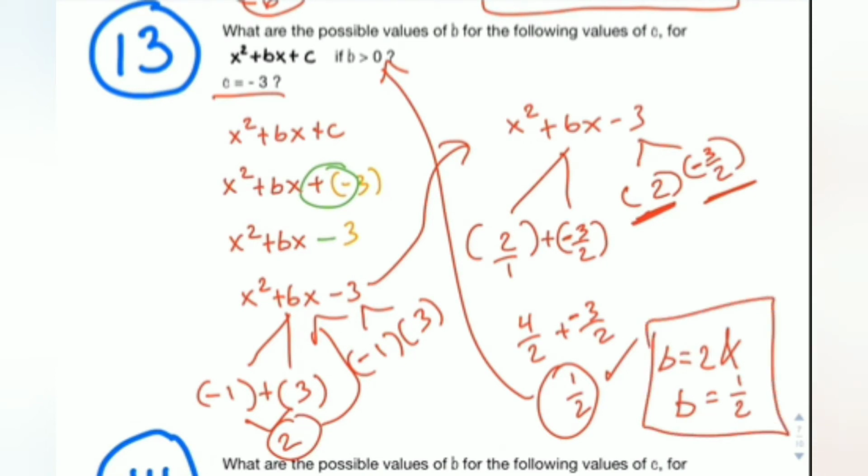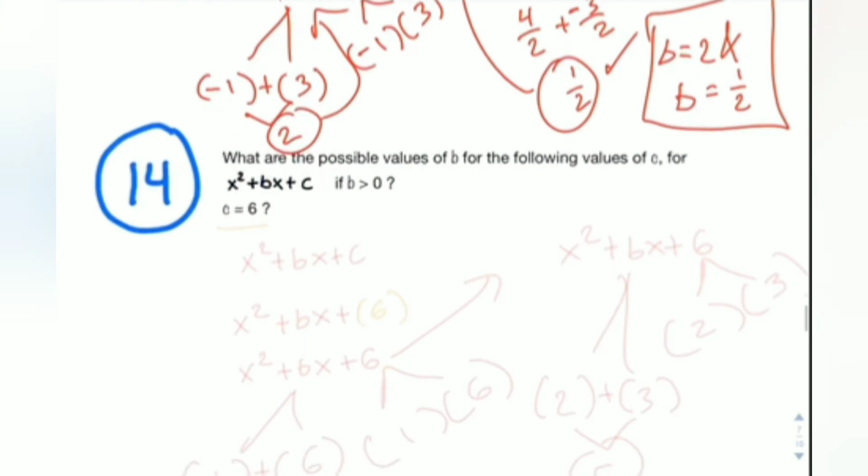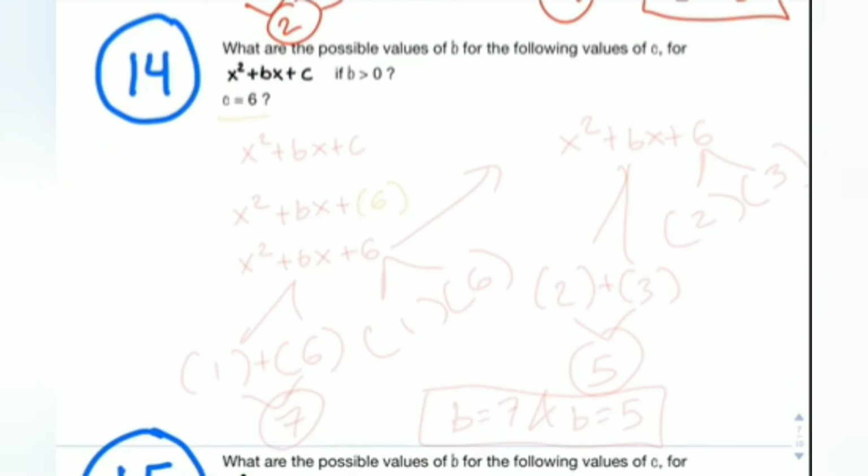Now to 14. Same question, so let's copy down the expression. Two numbers that multiply to c, and when you add them, equal 2b. Right? That's the two criteria.